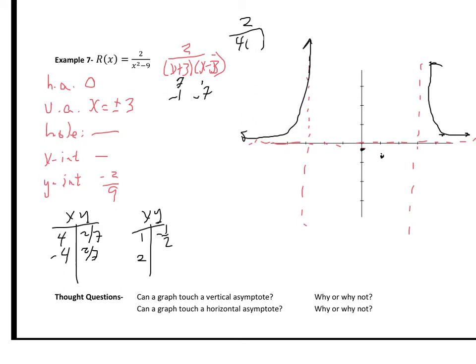Okay, what about 2? Negative 2 fifths. If we have 2, 2 plus 3 is 5. 2 minus 3 is negative 1, so it gives me negative 2/5. Oh, this is looking weird.